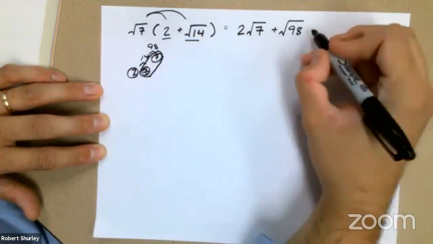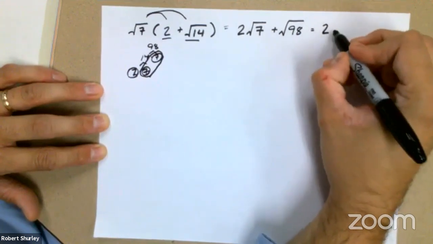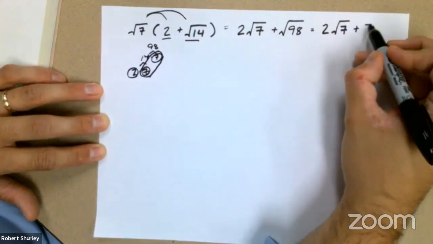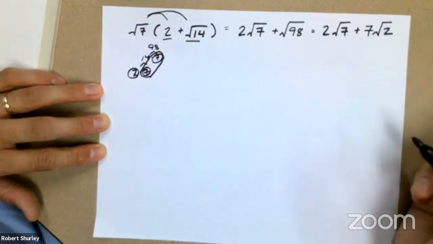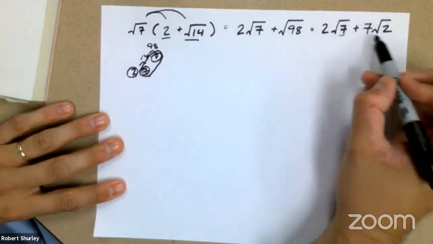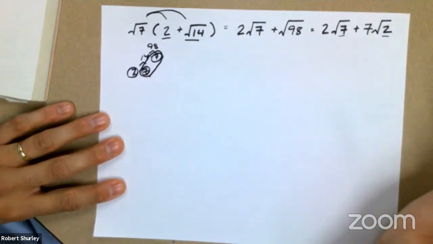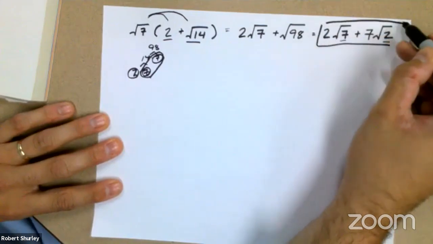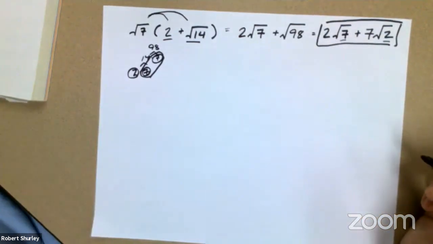Yeah, we took 7 out. So this winds up being 2 square root of 7 plus 7 square root of 2. Kind of looks like you can add them together, but you can't because the radicands don't match up, 7 and a 2. So we are done right there. We completed this task. Okay?